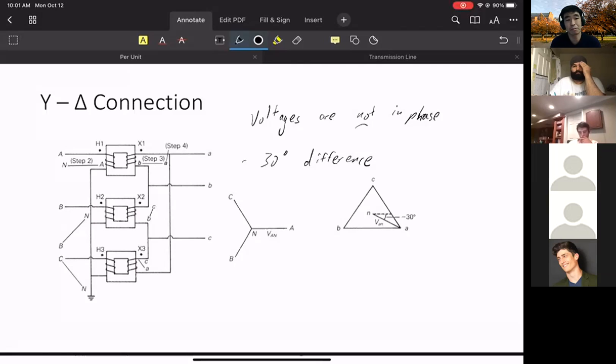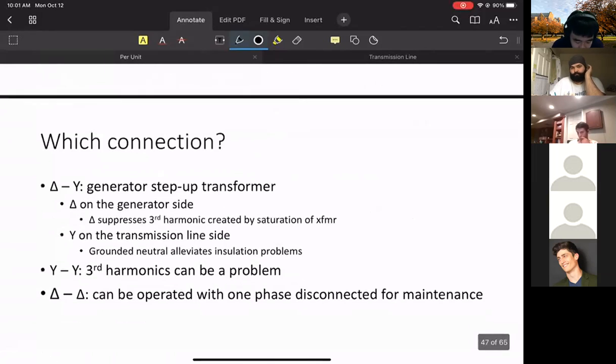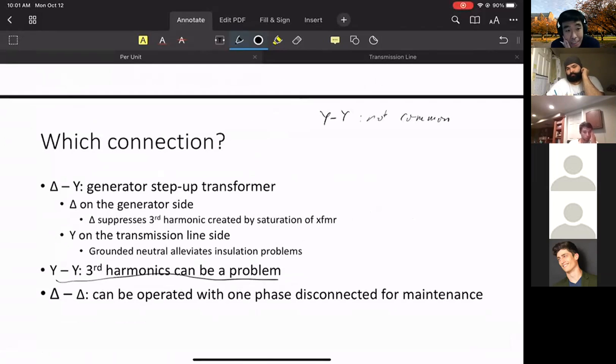I think there is a reason why Y to Y is not very common. Here it says third harmonics can be a problem. On the chat it says YY needs a grounding wire.